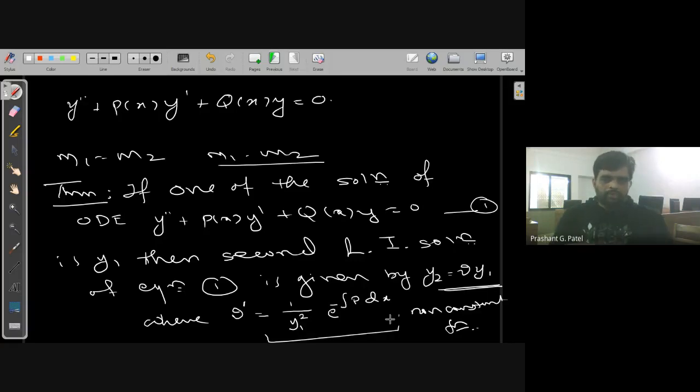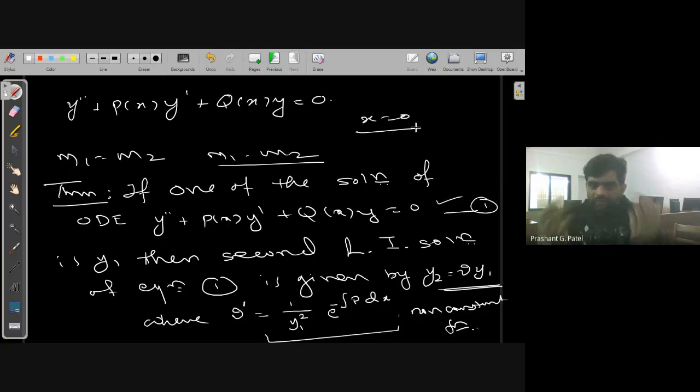So now the picture is clear to you. If you have a differential equation which has x equal to 0 as a regular singular point, then the first step is to calculate the indicial equation. If this indicial equation has two roots and the difference of these two roots is non-zero or not a positive integer, then you are able to write down two linearly independent solutions in the regular manner.